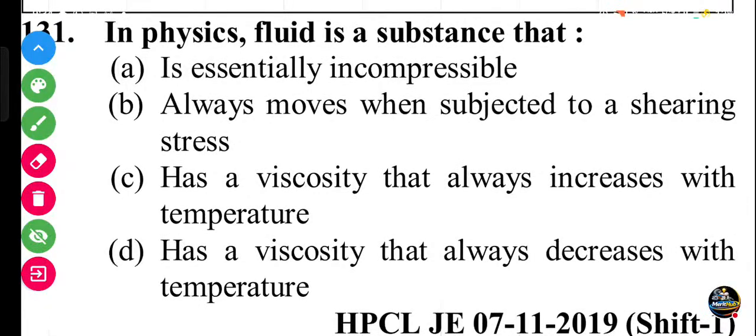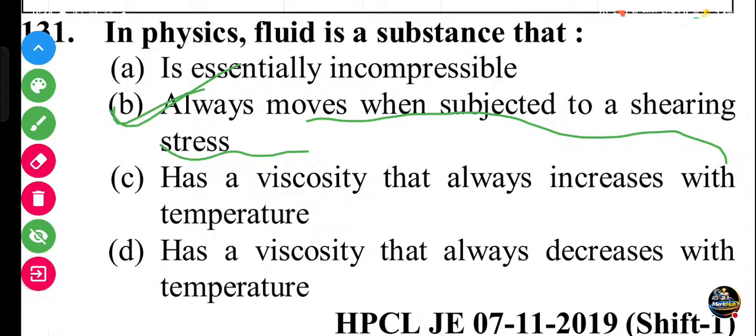Next question. In physics, a fluid is a substance that: is essentially incompressible; always moves when subjected to shearing stresses; has a viscosity that always increases with temperature; has a viscosity that always decreases with temperature. The answer is B: it always moves when subjected to shearing stresses.